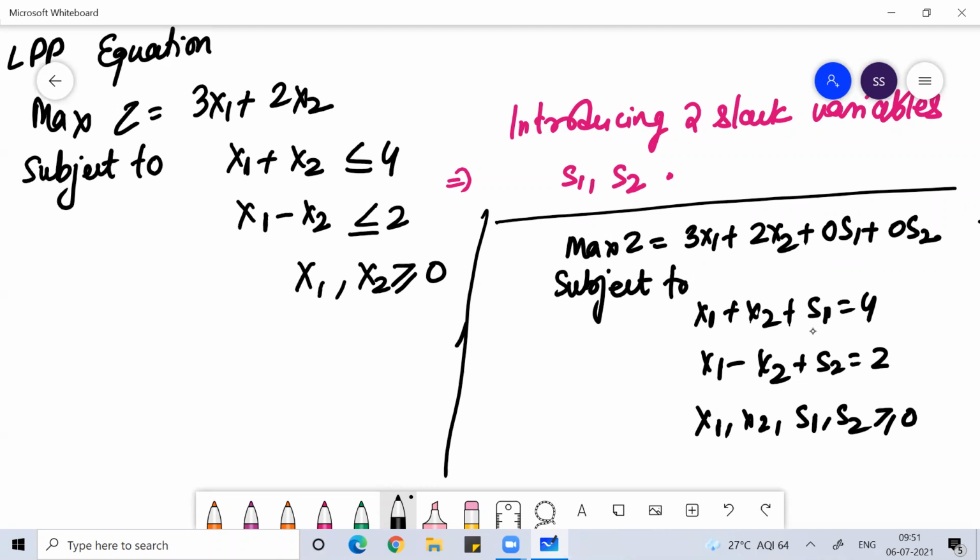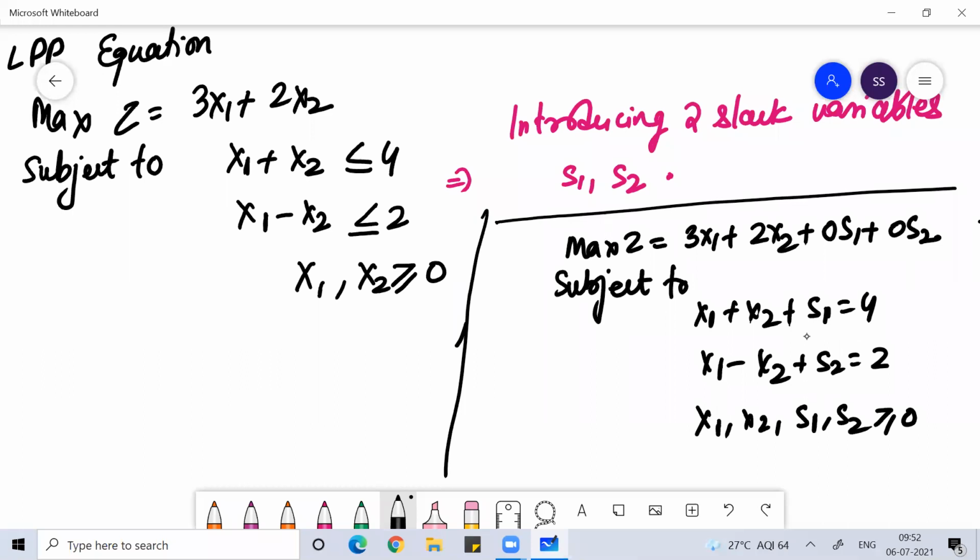And s1 will be equal to 0 if x1 plus x2 is equal to 4. This s1 would be equal to 4 minus (x1 plus x2) in case x1 plus x2 is less than 4. Ultimately, the overall objective is that the LHS of the equation should be equal to the RHS. That is what I'm trying to do.